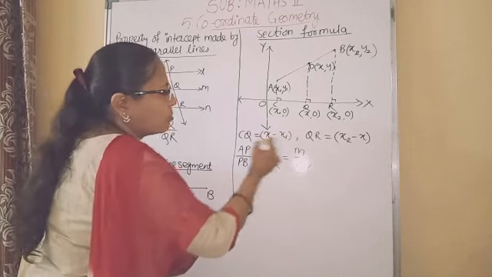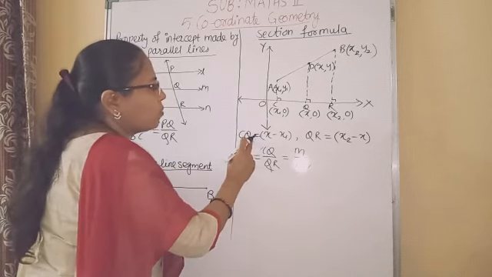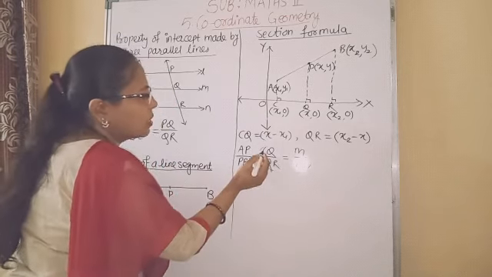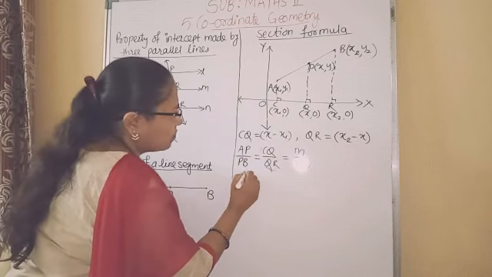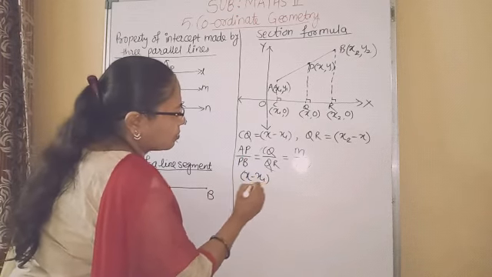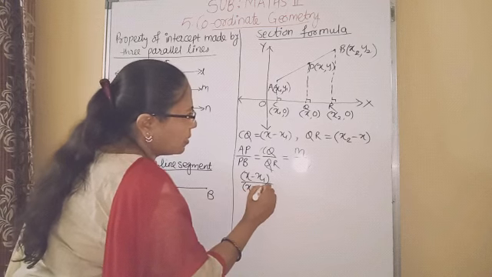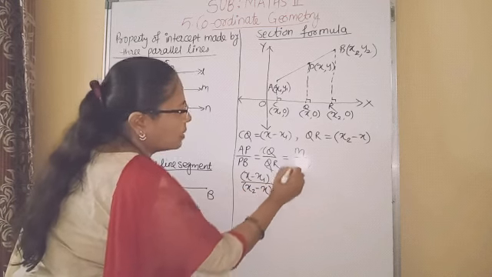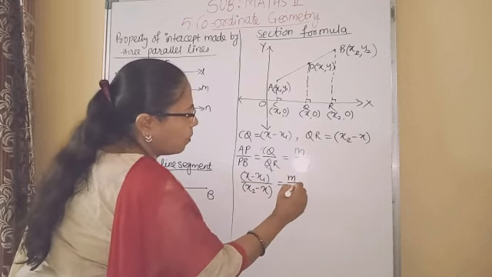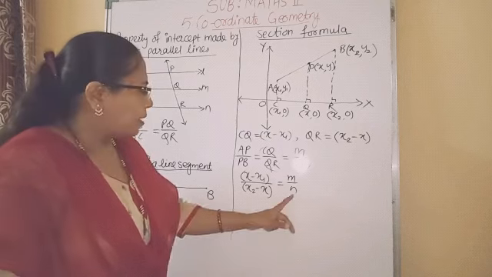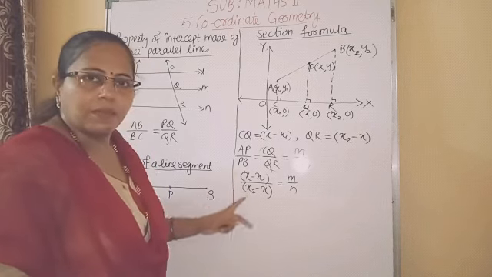Now AP upon PB is equal to CQ upon QR equal to m upon n. So we will take these two ratios. CQ we know, QR also we know. CQ is equal to x minus x1 and QR is equal to x2 minus x, which is equal to m upon n. Now we will do cross multiplication.